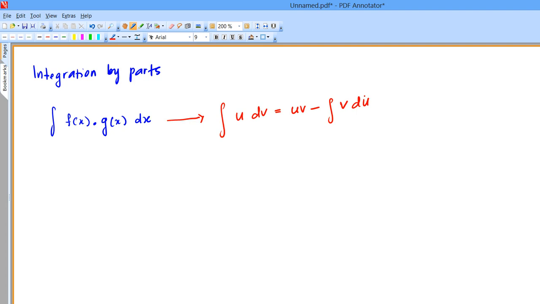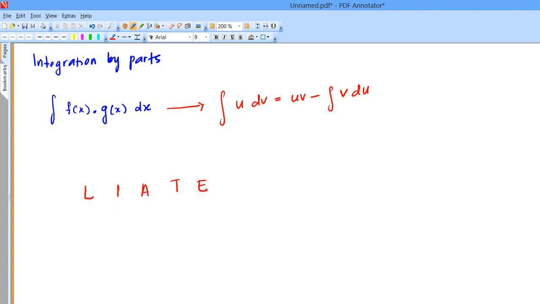To define what is u and dv is actually based on the letters L, I, A, T, E, which is actually a list of functions. L refers to logarithmic function.